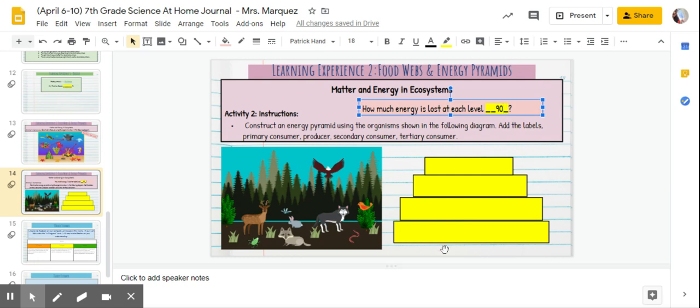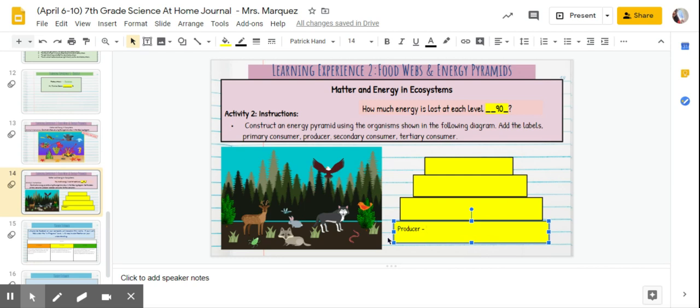Okay, so then it says construct energy pyramid using organisms shown in the following diagram. Add the labels primary consumer, producer, secondary consumer, tertiary consumer. Okay, we're starting at the bottom. So the producers are the bottom ones, right? Now what is that?